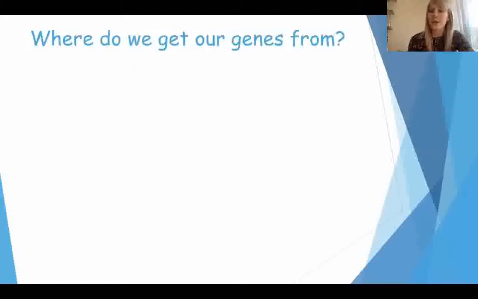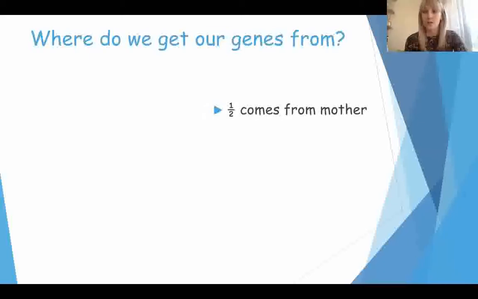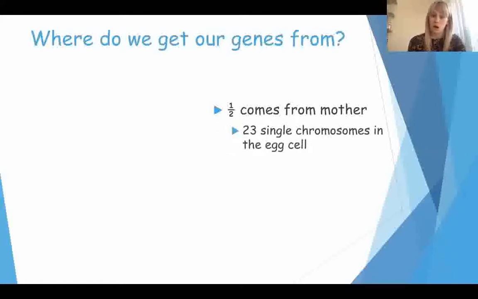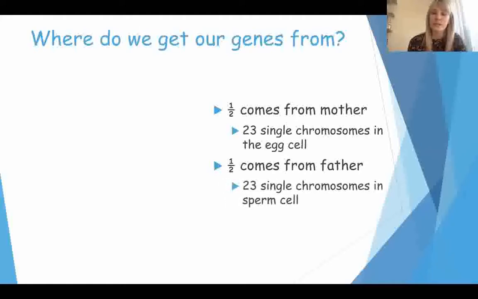So where do we get our genes from? I said that you get 1 from each parent, right? So half comes from your mother and half comes from your father. You have already studied meiosis, where you've studied the 23 single chromosomes in the egg cell and 23 single chromosomes in the sperm cell.